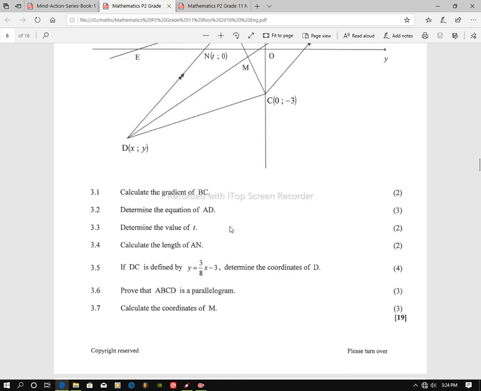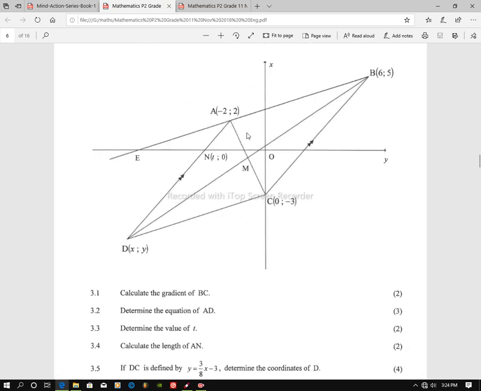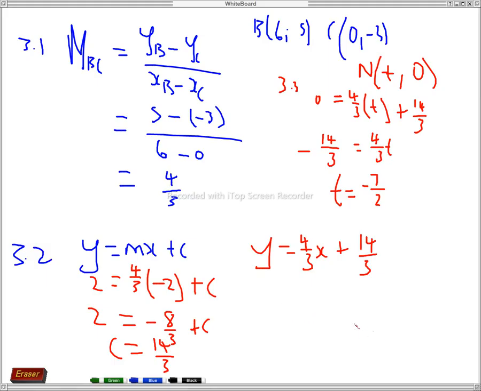The next question, they want to calculate the length of AN. We have the coordinates of A and N, so we can quickly go to the board and calculate everything here. Let me store this information somewhere else. Let me just take a screenshot of this, so that maybe I'm going to need this information. You'll never know.